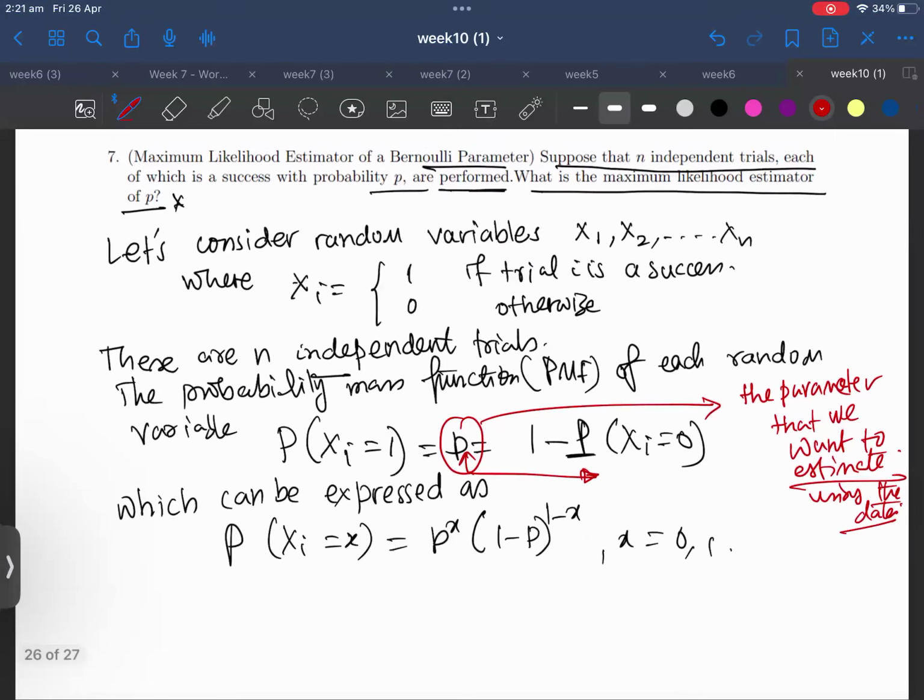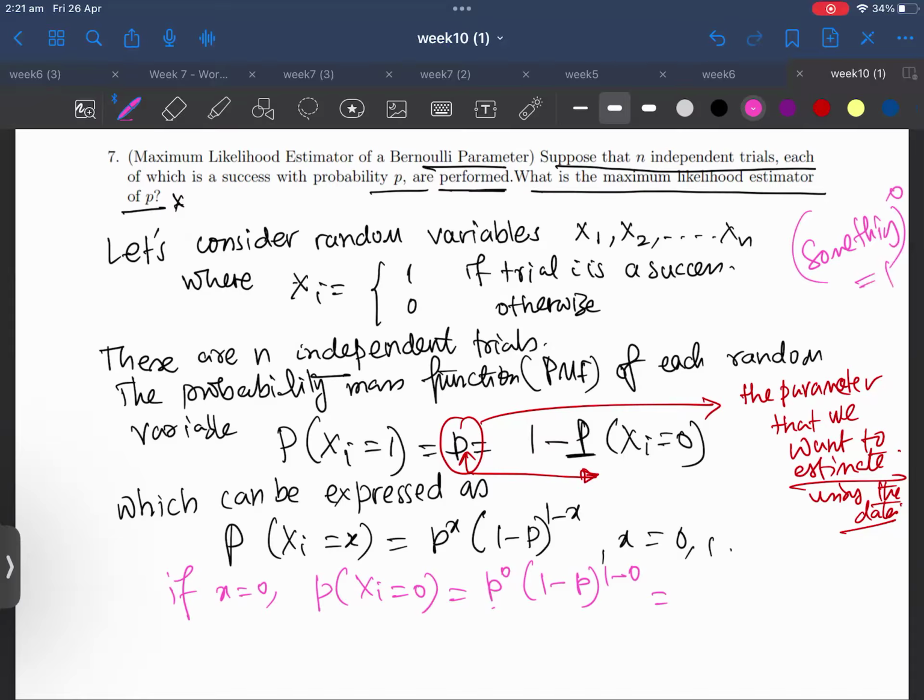Okay. So if x equal to 0, then P(xi equal to 0) is p to the 0 times (1 minus p) to the 1 minus 0. So here you can see, remember something power 0 equal to 1, and this is 1 minus p.